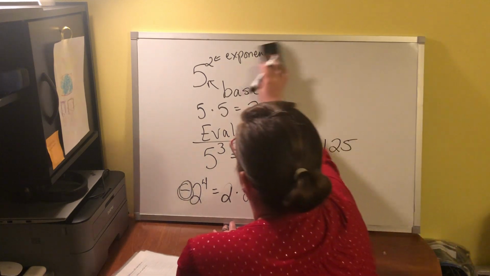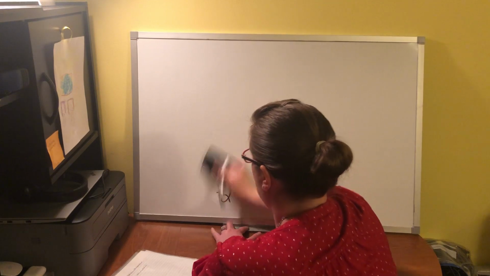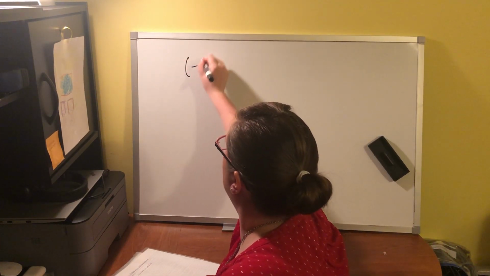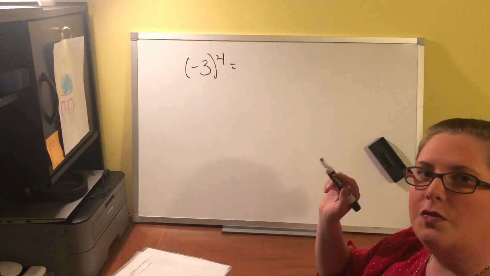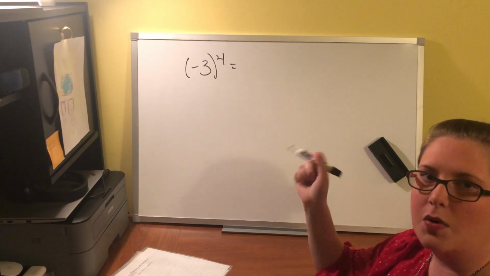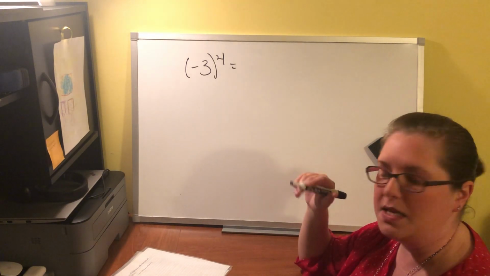All right, we're still evaluating. And let's say we did negative 3 to the 4th power. So if you pay attention this time, you'll notice that that negative is in the set of parentheses now, which means the negative is included with the multiplication of the base.